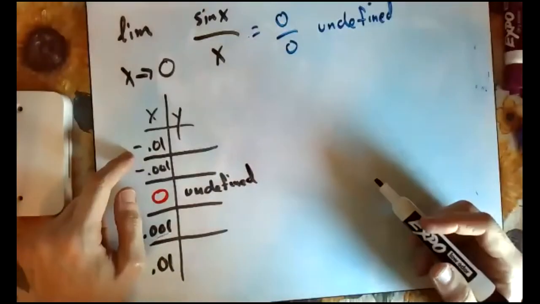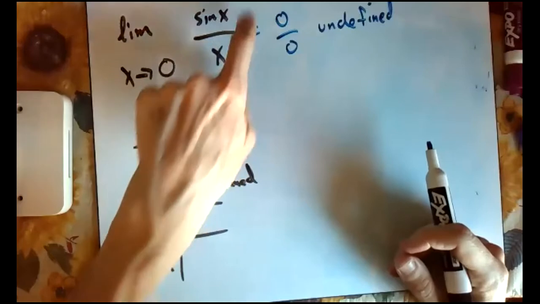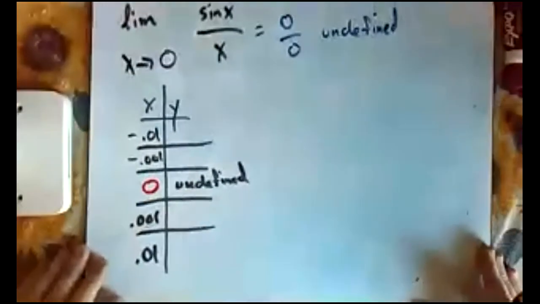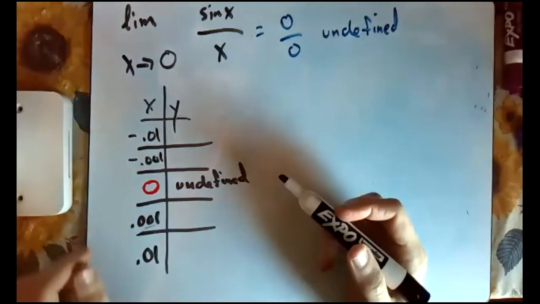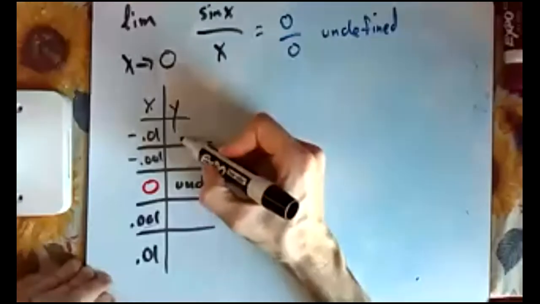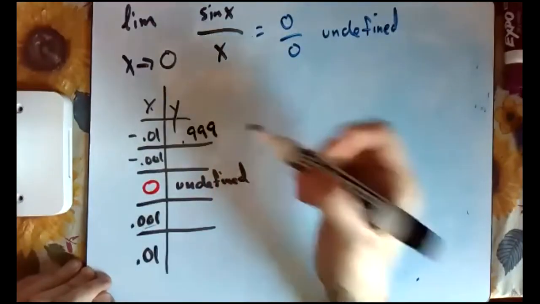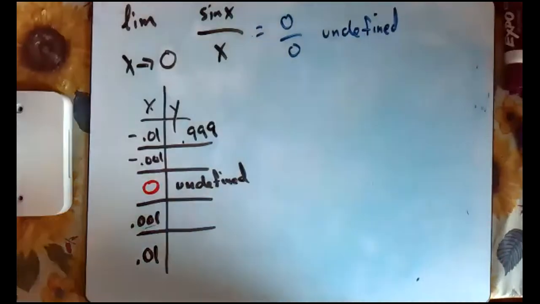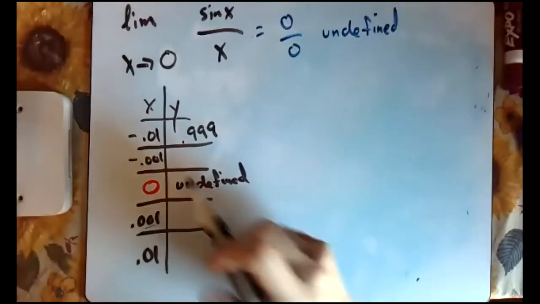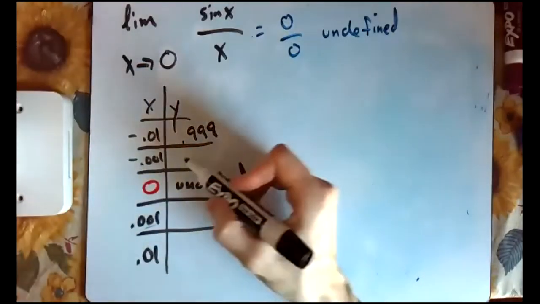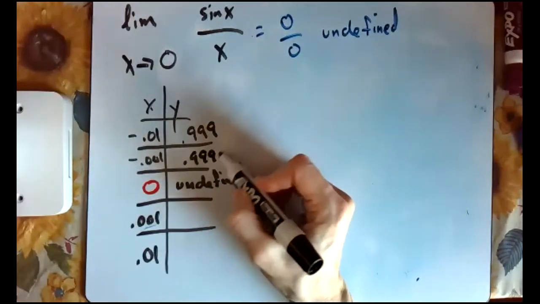Now, if we plug in negative 0.01 into our function for x, what do we get for a y value? You get actually 0.999. You just physically type this into your calculator. If I plug in the next one, we get 0.9999.